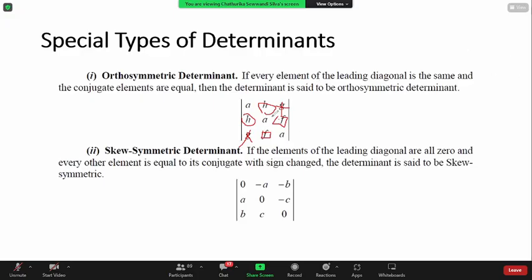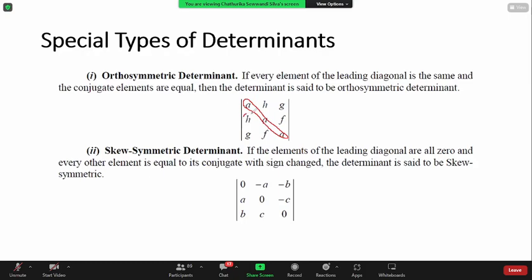So what is the leading diagonal here? This is the leading diagonal. If every element of the leading diagonal is the same, throughout the diagonal the element A is there, all the elements are the same, and the conjugate elements are equal.